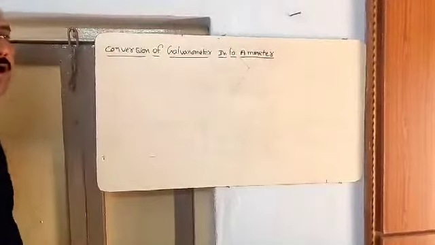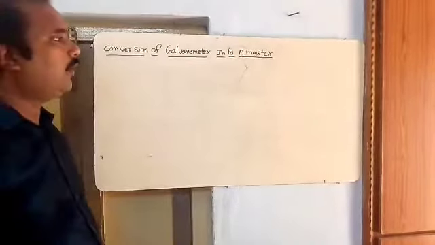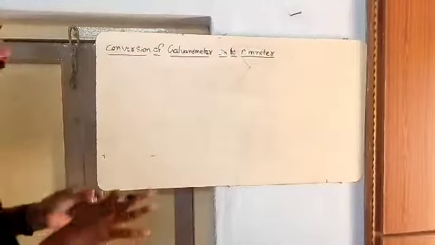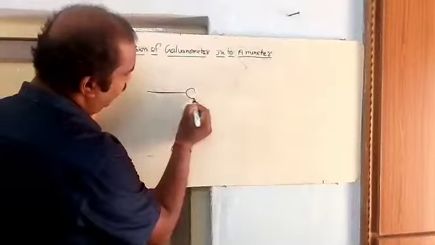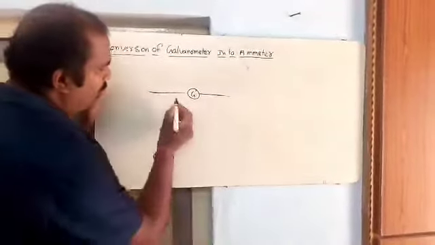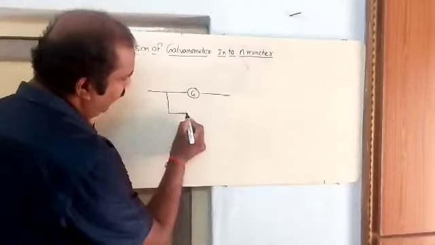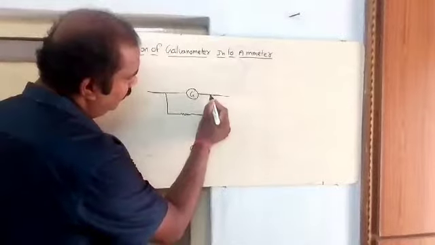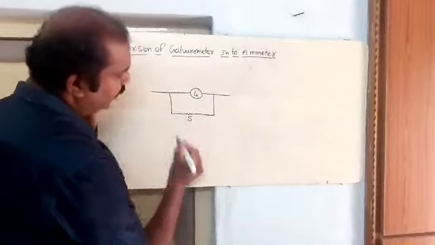How can you convert a moving coil galvanometer into an ammeter? So see, first here I am taking a galvanometer. To that galvanometer I am connecting a very low value resistance, that we call a shunt.